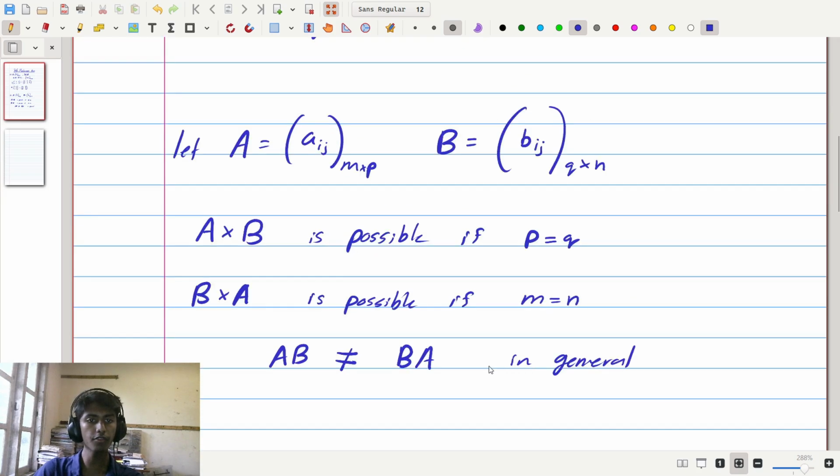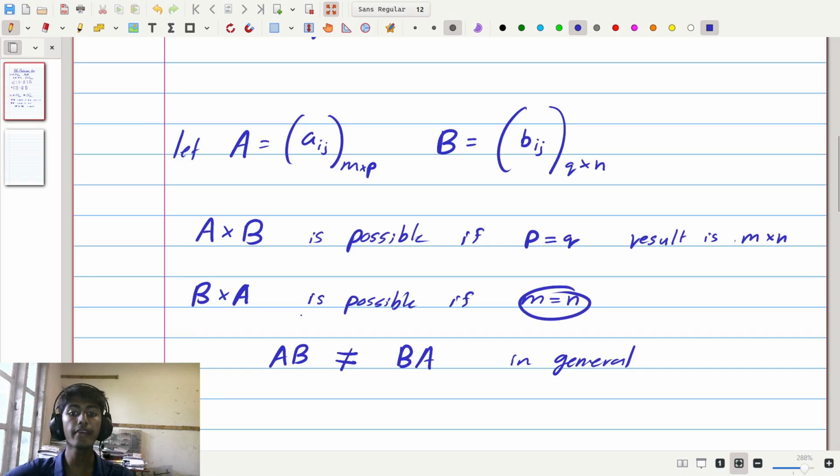Now, moving on from that, once we have the condition that two matrices are multipliable, let's now consider how we multiply two matrices together. So given A times B, if we have P equals Q, the result is an M by N matrix.